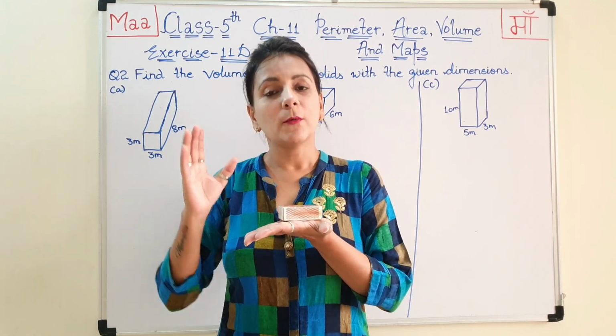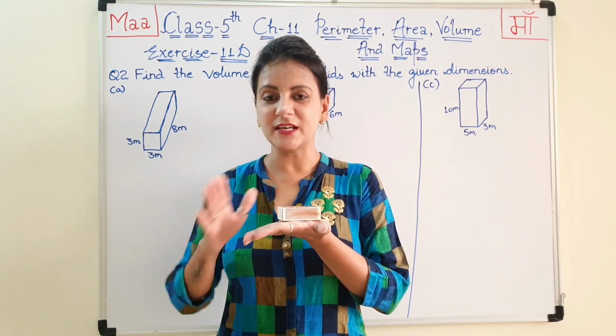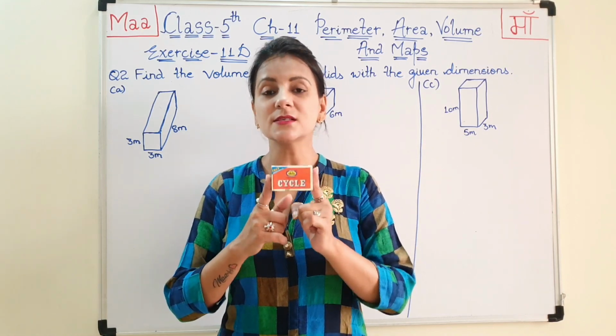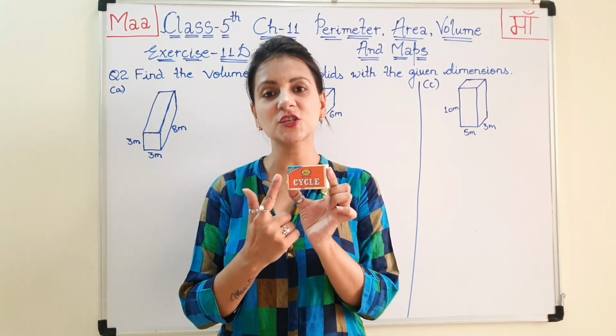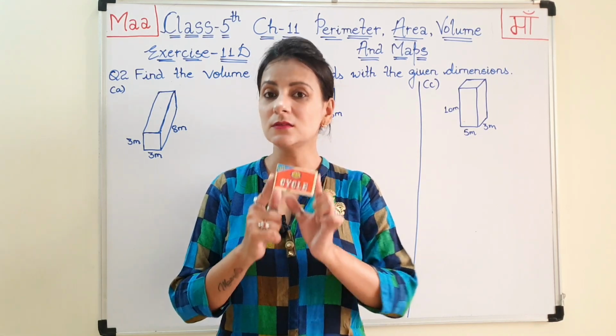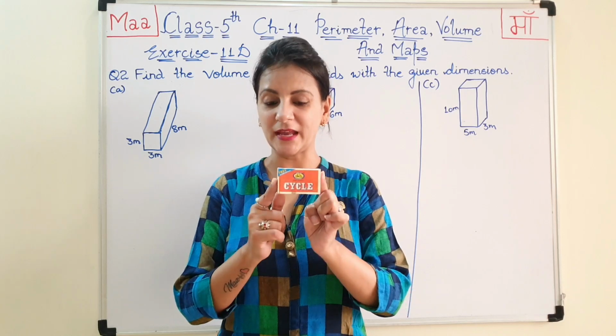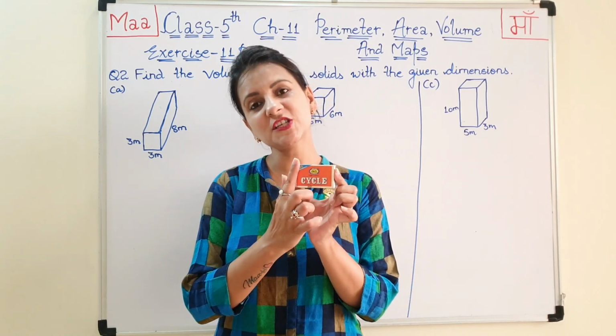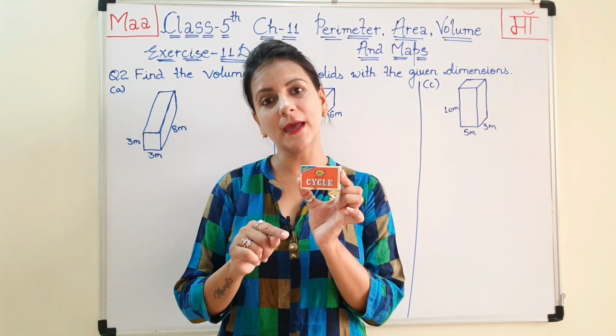Fine. Now the volume of any object, like this is a cuboidal object. This is a cuboidal object and the basic shape of this is rectangle. Then from rectangle this solid shape has been made, that is cuboidal. Now this cuboidal shape has length, breadth and height.